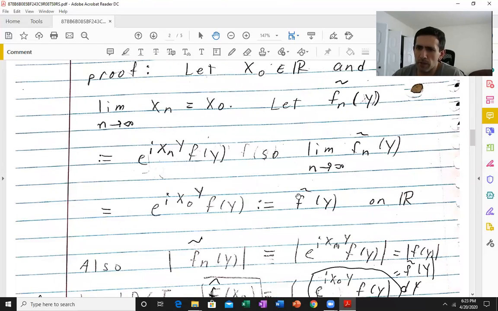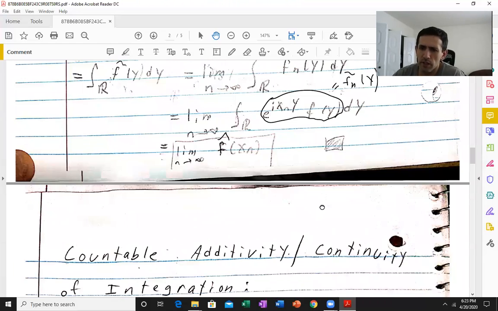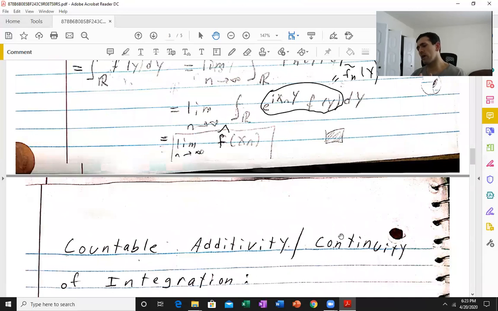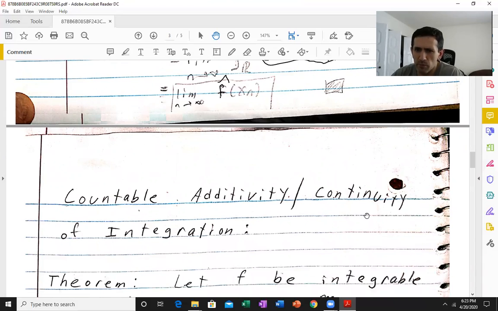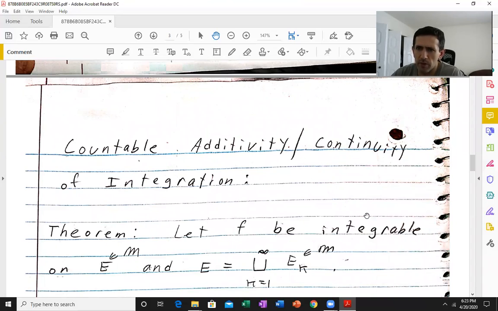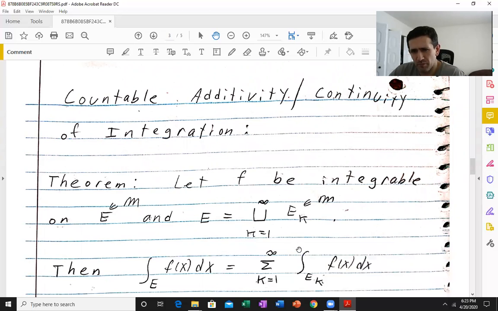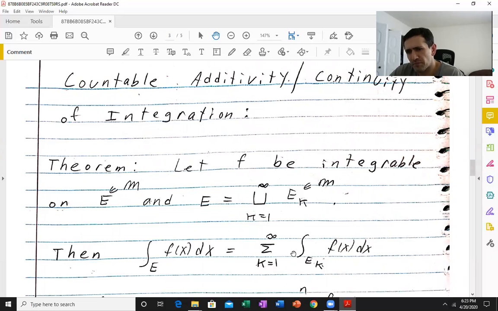Okay, so another application, and this is very similar to what we did using the monotone convergence theorem, so I'll go quickly with this, and that is proving countable additivity for integrating integrable functions. So let f be integrable on E, and let's say E is a disjoint union of these E_k's, everything is measurable. Then the integral over E of f of x is just the sum of the integrals.